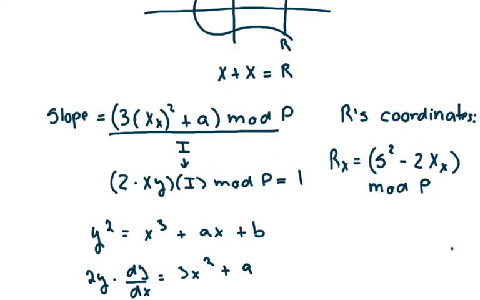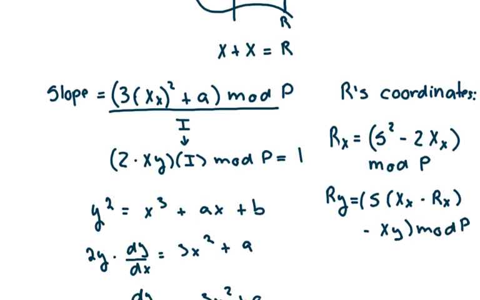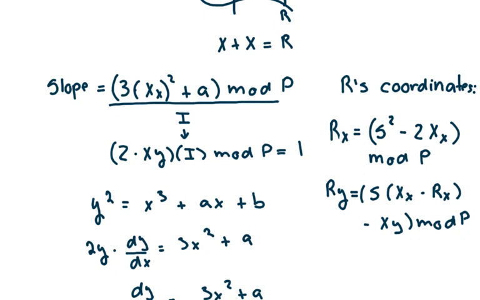But going back to our point doubling situation, after you've computed the x-coordinate of point r, then the y-coordinate of point r is the computed slope times the x-coordinate of point x minus the x-coordinate of point r, minus the y-coordinate of point x, and this entire expression mod p, which actually is the same thing as the computation for the y-coordinate of point r in a point addition situation.